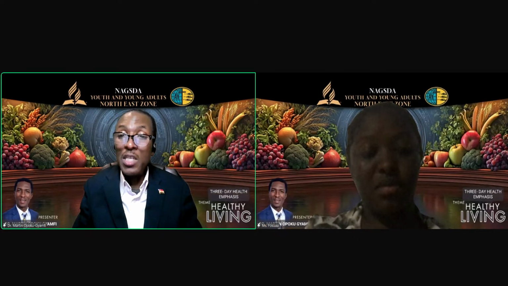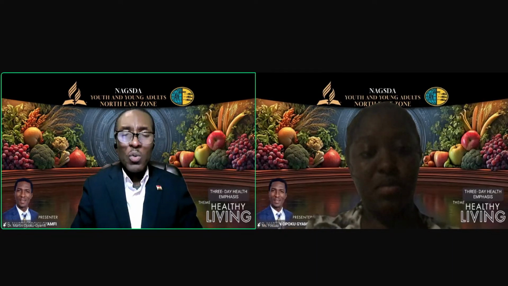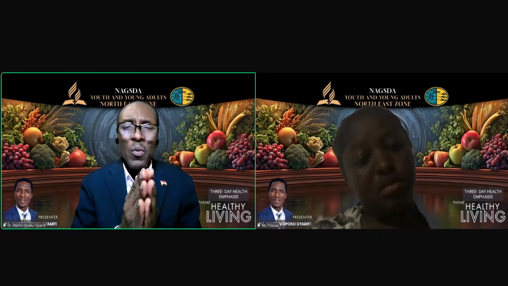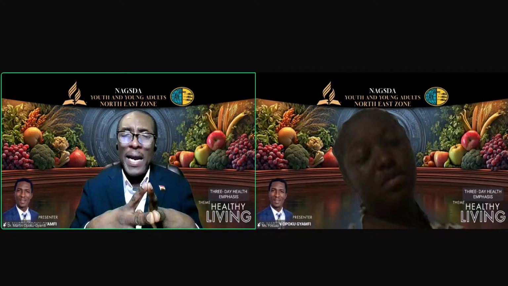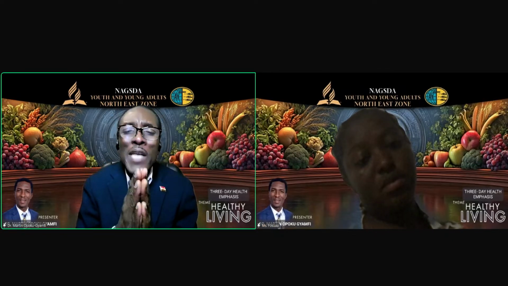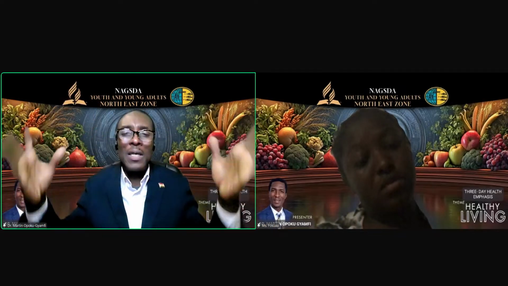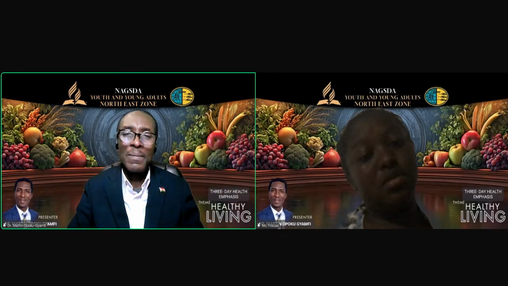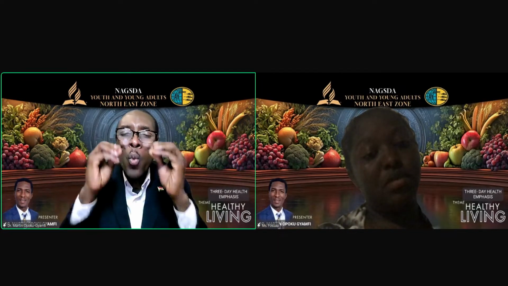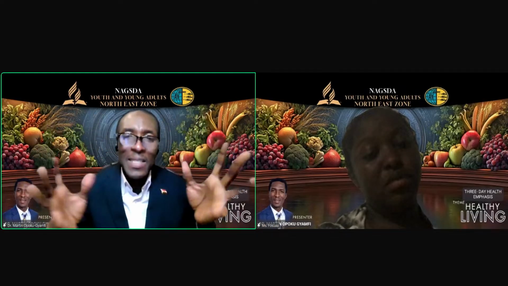As far as protein is concerned, yes, we need protein to build muscle, but we need to balance our diet. According to the World Health Organization, we only need about 5 to 10% of our calories to come from protein. So we don't need too much protein. What we have to do is make sure that we're eating a healthy, balanced diet.